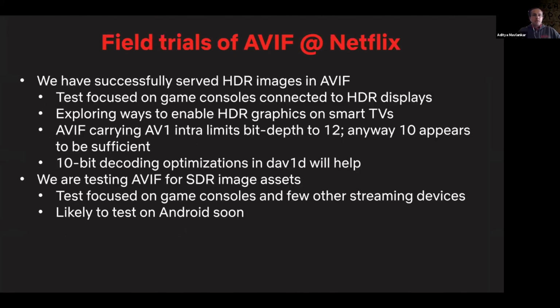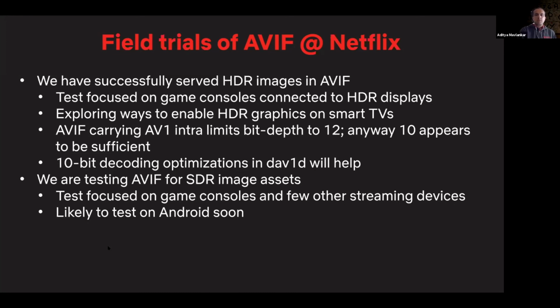We've done some field trials of AVIF at Netflix. Most notably, we've successfully served HDR images in AVIF. The test focused on game consoles connected to HDR displays, because game consoles is where it's easier to have end-to-end control. And it's easier to test more bleeding edge things with shaders and such. They're pretty powerful as well.